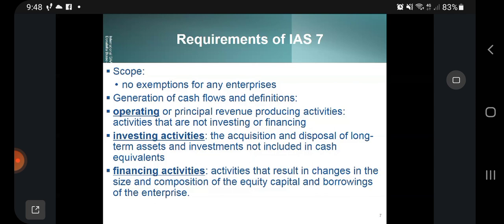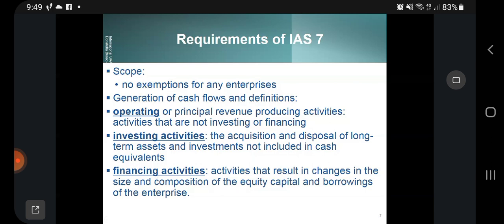Now, looking at these three activities, you may also have noticed that many transactions are usually part of the first category, the operating activities. Many cash inflows and cash outflows that a company deals with actually belong to the operating activity, and very few transactions are part of investing or financing activities.